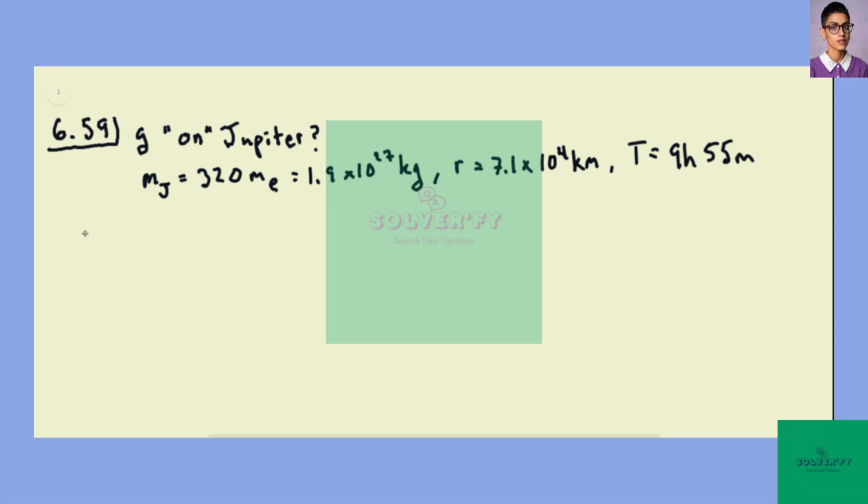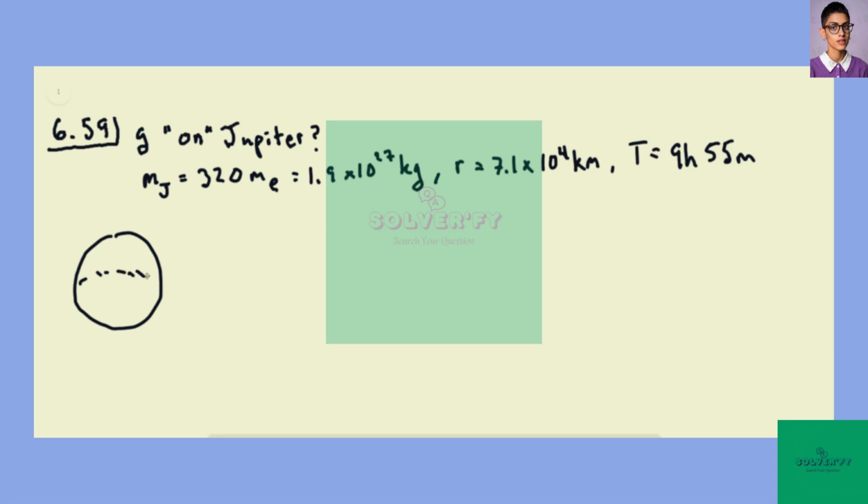So, if we imagine a free body diagram, here's a test mass sitting on the surface. We'll have a normal force and then mg.